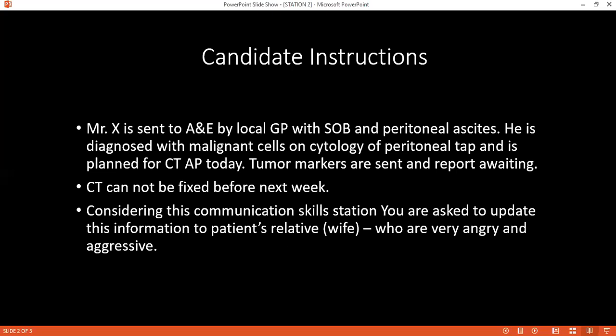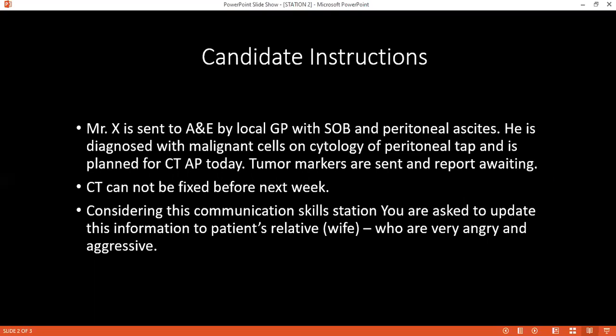If we think that it would take much longer than expected, then we will definitely refer Mr. X to another hospital for the same. But it would take some time. The CT machine will be good to go next week as expected, and I'll make sure I reschedule Mr. X's CT at the earliest possible.